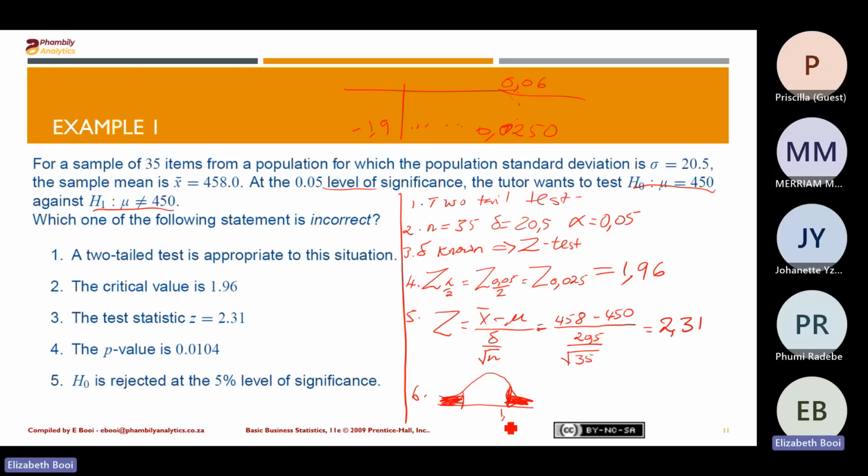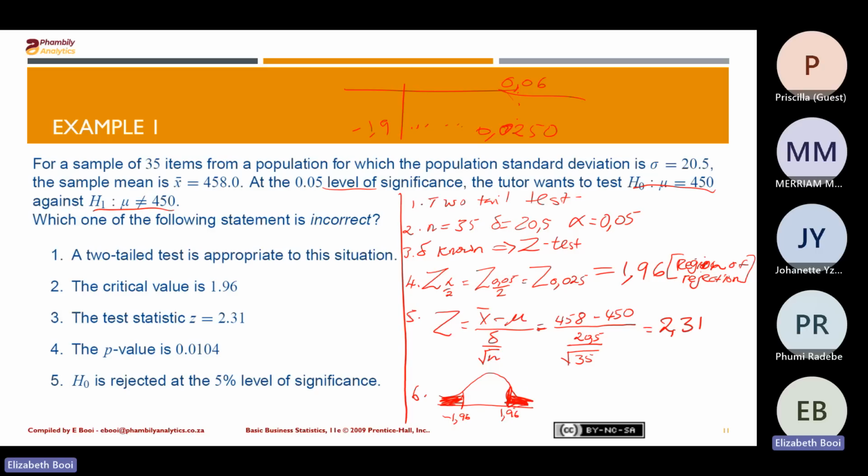This will be the positive 1,96 and this will be the negative 1,96 because those are my regions of rejection.